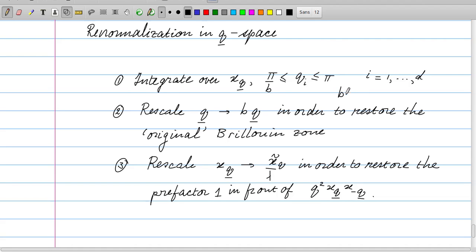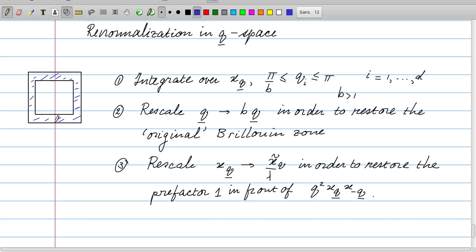Note that b is larger than 1, so this is a smaller q than the upper boundary. And we integrate all the xq's with q's lying between those boundaries. Here you see a cartoon of the Brillouin zone, and it's this segment here over which we integrate. We take all the x's with q's in this segment and we integrate them out. And so then we are left with the slow degrees of freedom, the slowly varying xq.